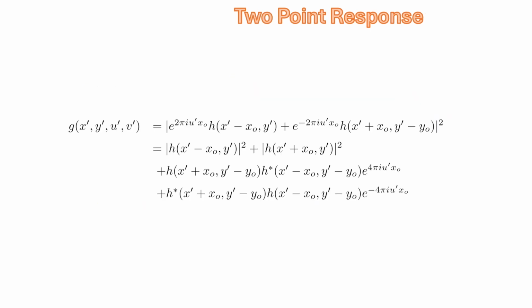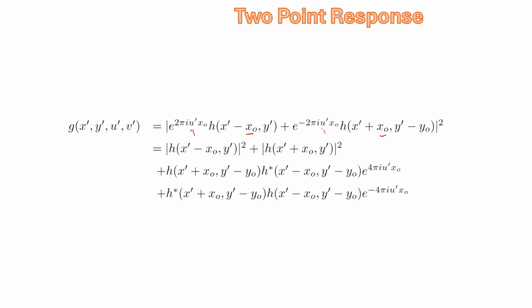But now if we have two impulses in the input plane, here we assume at position x0 and at position minus x0. As we shift the relative phase of those two impulses, either by illuminating them with a wave at various spatial frequencies, so here u prime could be the x component of the wave vector of the illumination wave, or it could be due to the shift in the aperture, we have a relative phase between these two impulses.